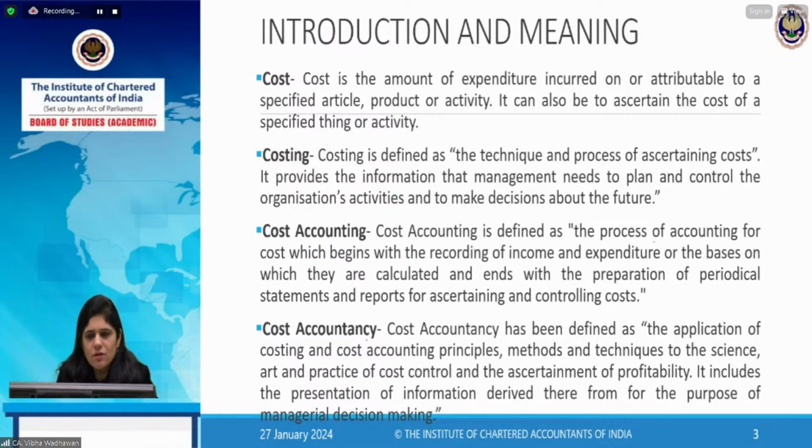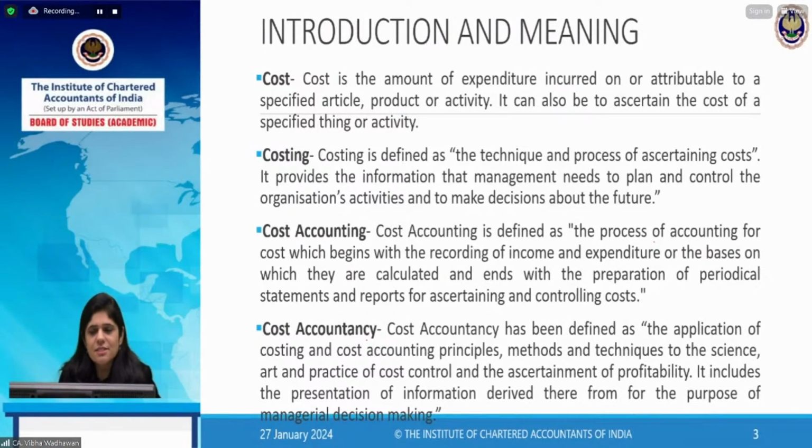It can also mean to ascertain the cost of a specified thing or activity. So cost is used in many ways. Cost can be used as the expenditure, and it is also construed as the ascertainment of cost. A lot of cost and costing we have to learn in this session.